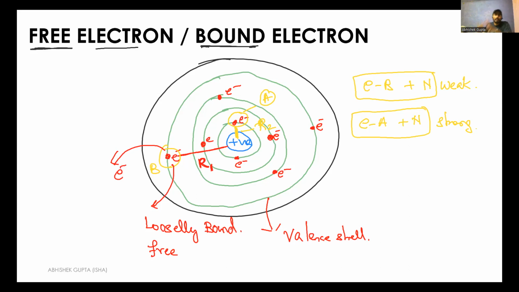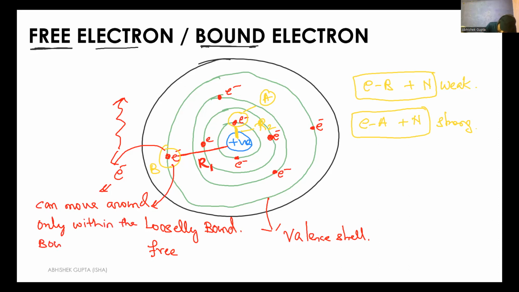This free electron can come out of its valence shell and move around within the boundary of the material. It can easily move within the material, but only within its boundary.